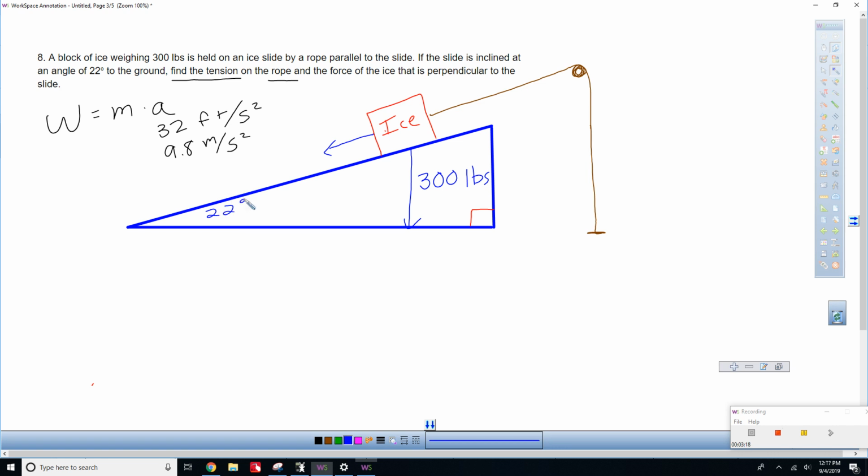This is 22 degrees. So the easy way to do this, Tara, is just to think about how much of that 300 pounds is going in that direction, okay? And then the rest of that weight is pushing against the slide, pushing against the ramp.